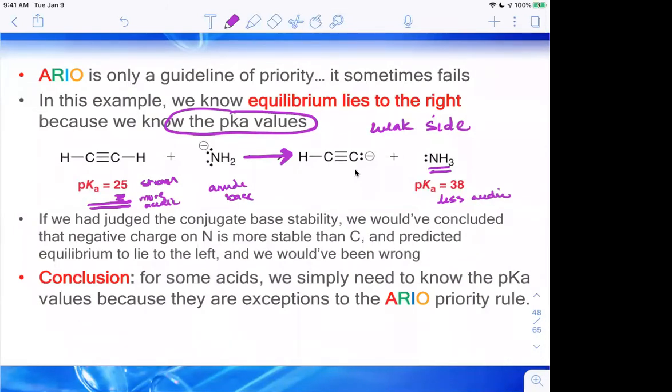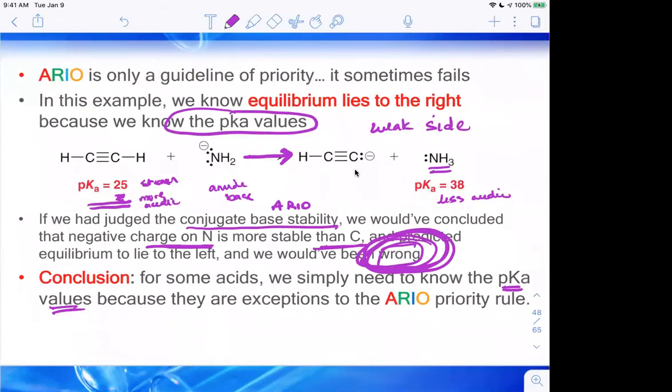If I had judged this based on ARIO, we would have concluded that the negative charge on nitrogen is more stable than carbon, and we would predict that this equilibrium lies to the left. And we would have been wrong. So for some acids, we simply need to know the pKa values because there are exceptions to the rule.